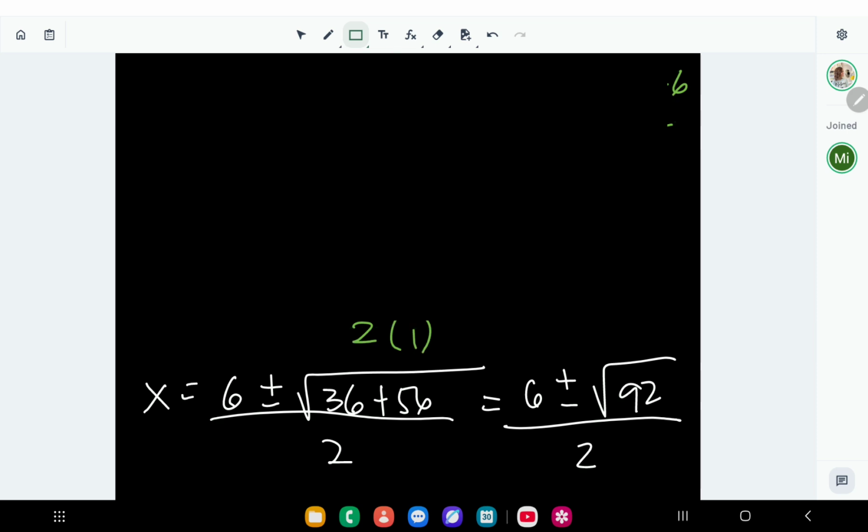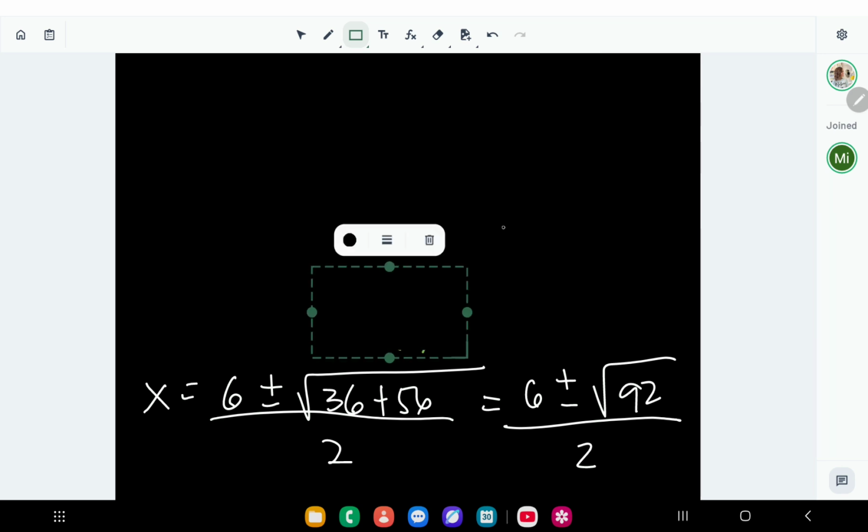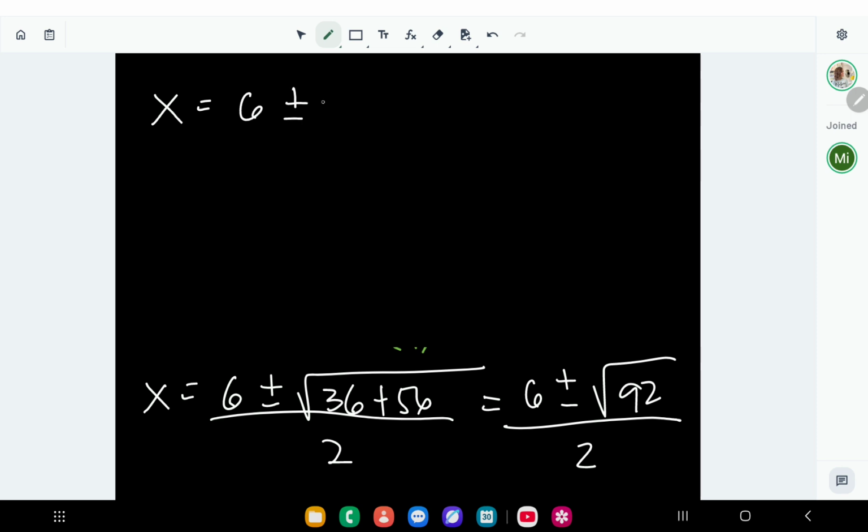Does your teacher allow you to use decimals? Yes, it should be that. So you do it like this. So x is equal to 6 plus minus square root of 92, which can be written as 23 times 4, over 2.